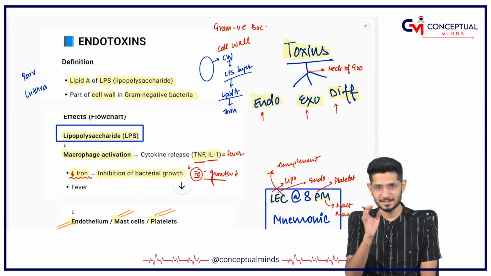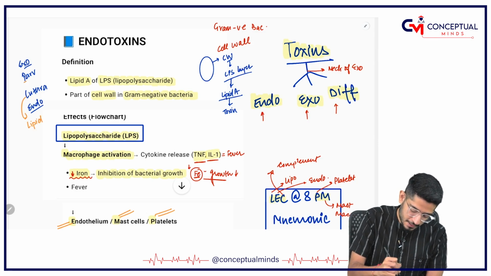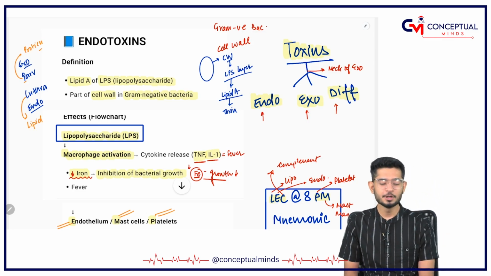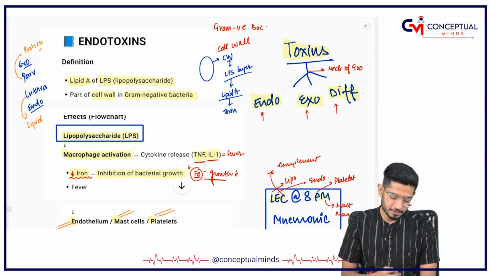My first name is on the outside, my surname is on the inside. That means the first name is the exo, the surname is the endo. The endo is made of L for lipid, and exo is P for protein. Exo protein, endo lipid. Okay, you got it? Great.